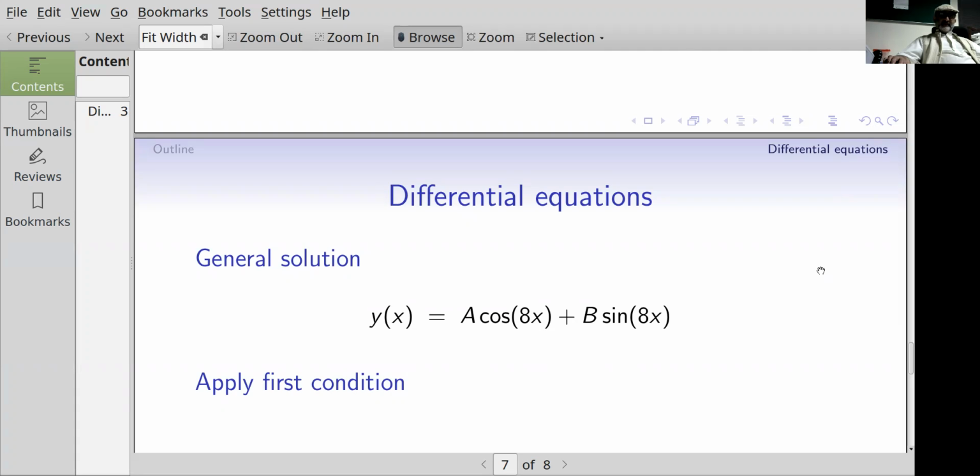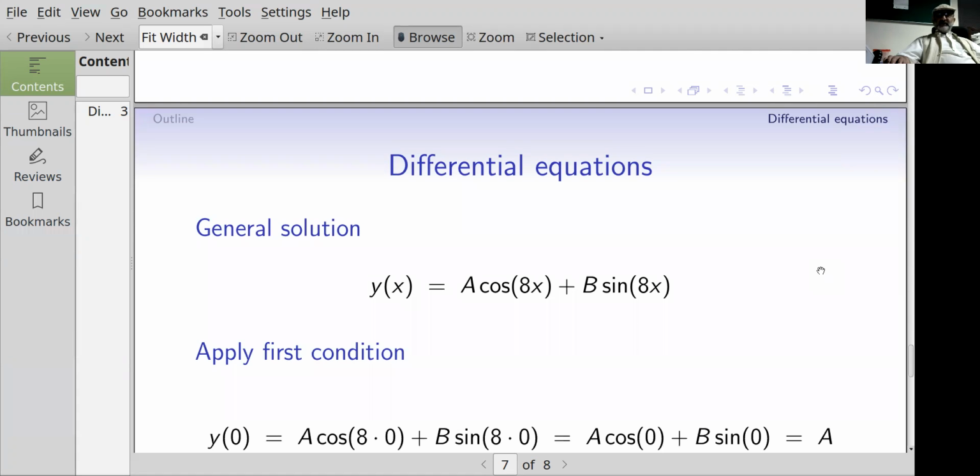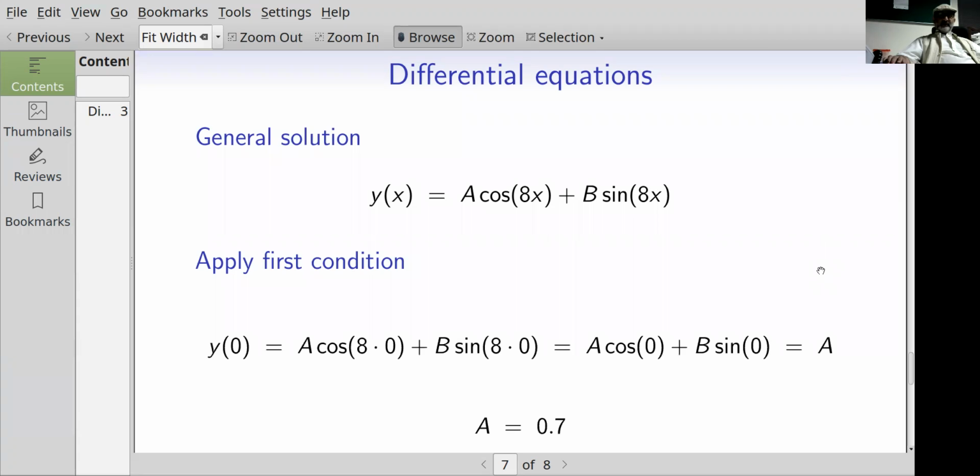Now let's apply the first condition. Y of 0 is some fixed value, so let's put in x is equal to 0 and see what happens. We have y of 0 is equal to a times cos of 8 times 0 plus b sine of 8 times 0, which is a cos of 0 plus b sine of 0. Now cos of 0 is 1, and sine of 0 is 0, so what we're left with is a.